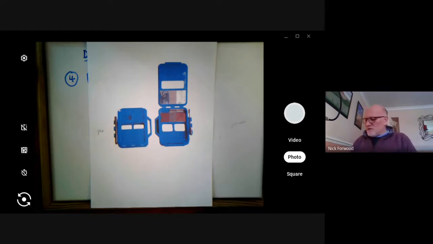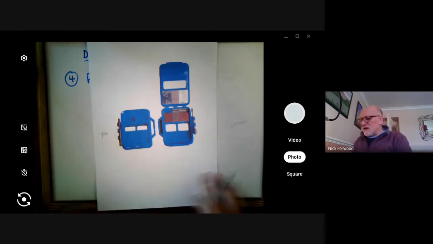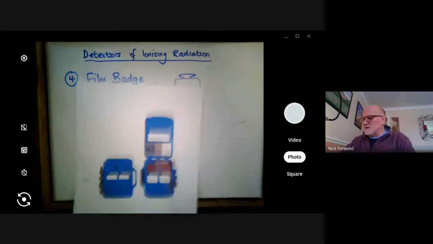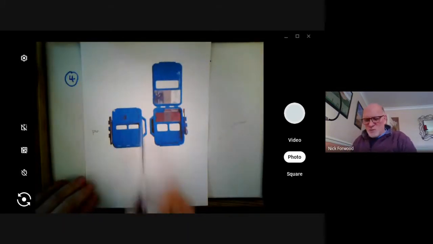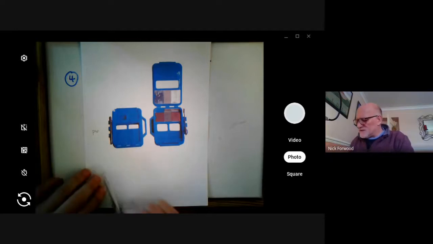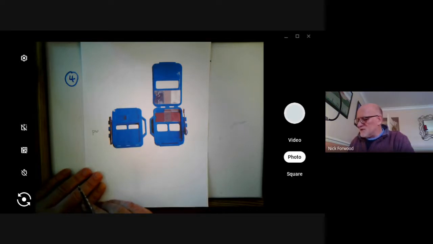So you'll wear one of these badges, and the badge is a detector of radiation, and every month the badge will be taken away to the medical physics lab, and the film inside it will be developed, and the technicians will be able to see how much radiation you've had. And if you've had too much radiation in a month, then they'll not allow you to work with radiation again for some period of time.